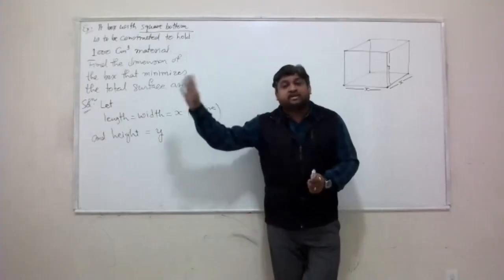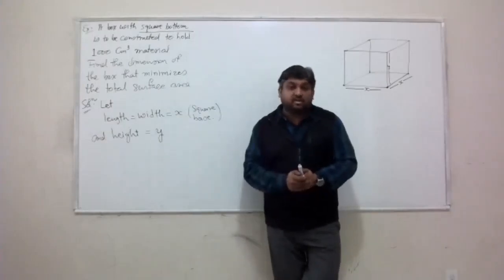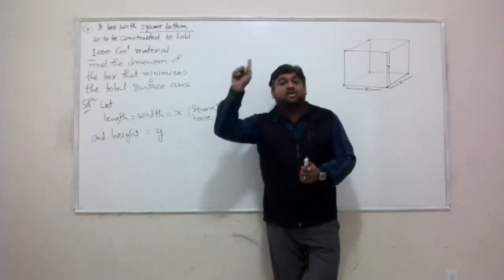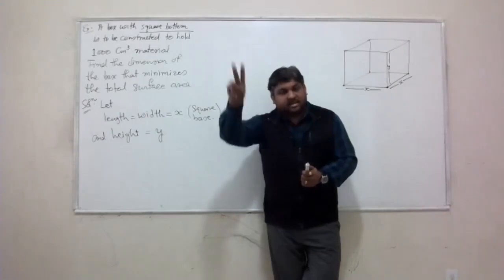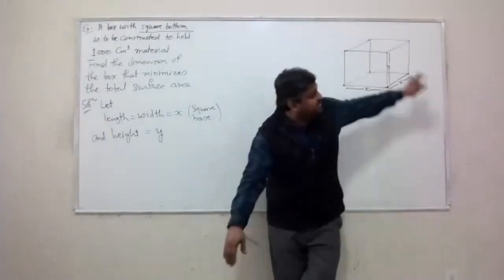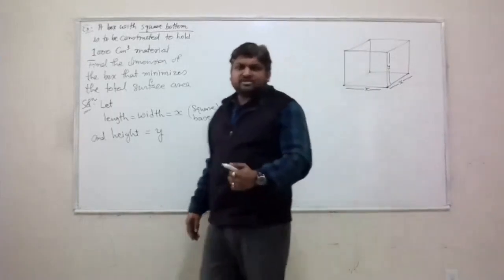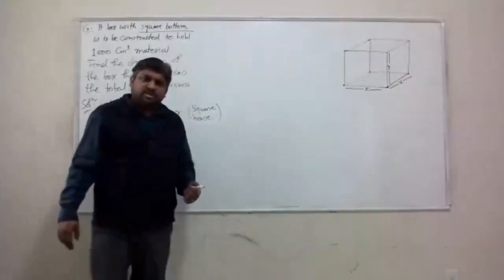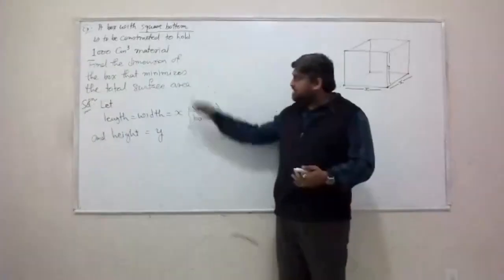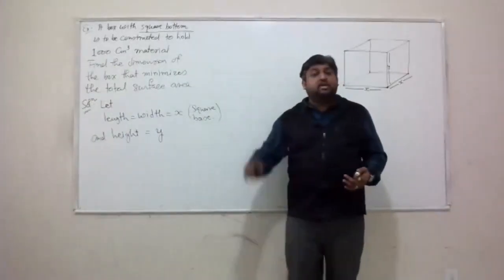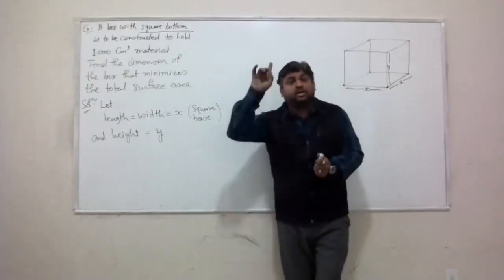Step 1. Read the problem carefully and understand what is given and what you need to calculate. 2 things we are looking for: the expression that we would like to maximize or minimize, and then the given information in terms of variables that we have used in the picture. Draw the diagram if possible, label the variables, right? And then step 3, write down given information and minimization problem. Step 4 is the most important step.